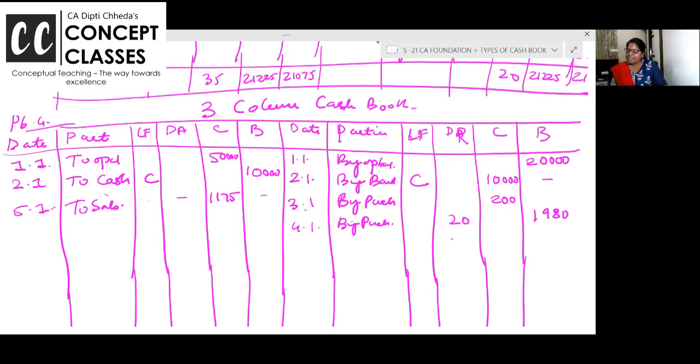Next. Received a cross check from Sohan, to whom goods were sold, and discount is allowed. We have received a check from Soham. On which day? Maybe one minute, I missed a transaction. On 6th of January, received a check from Soham to whom goods were sold for 800.